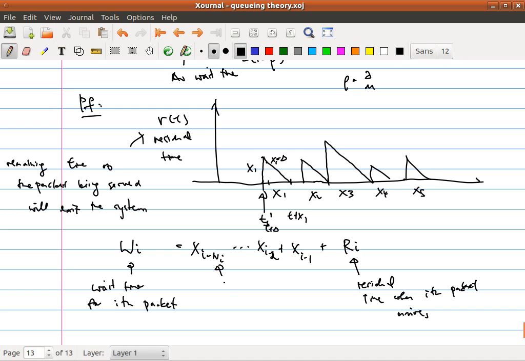So there are Ni packets in the queue when the i-th packet arrives.